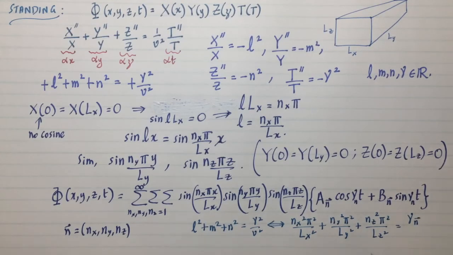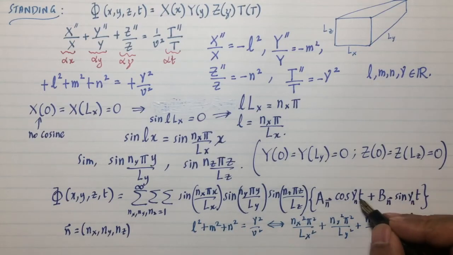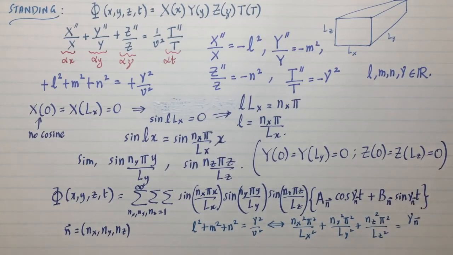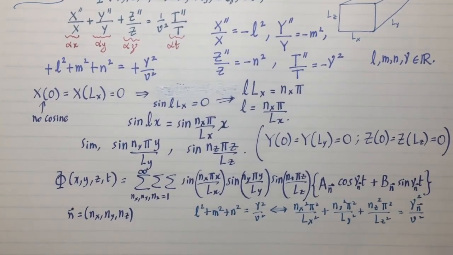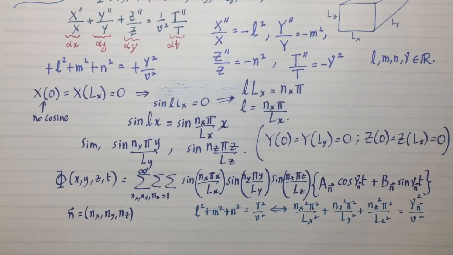I think I should call this n vector because it depends on nx, ny, and nz. So that's the relationship between these gammas and all these quantum numbers. If you want to think about it in quantum space, in the space of these integers, you have an integer lattice ellipsoid, of which this is the constraint equation.